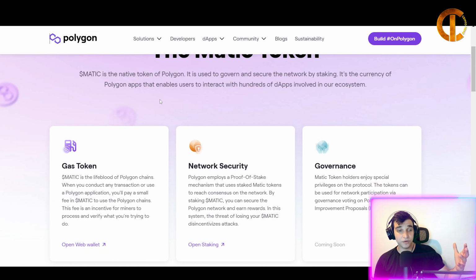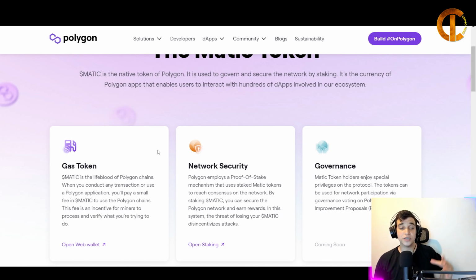So their gas token is the lifeblood of Polygon chains, meaning that when you conduct any transaction or use a Polygon application, you will pay a small fee in Matic to use the Polygon chains. And this fee is an incentive for miners to process and verify what you are trying to do.